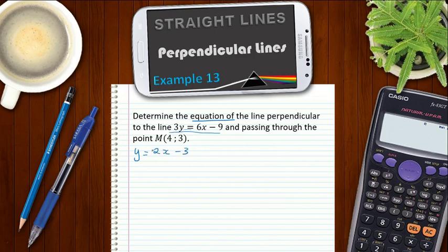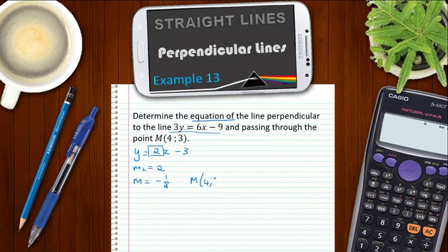So if this is my gradient, my perpendicular gradient, which is equal to 2, this value over here, then my gradient of the line perpendicular to this line would be equal to negative a half, by swapping numerator and denominator and changing the sign. Right, so what do we need to find a straight line? We need either 2 points, or we can have a gradient and a point on the line.